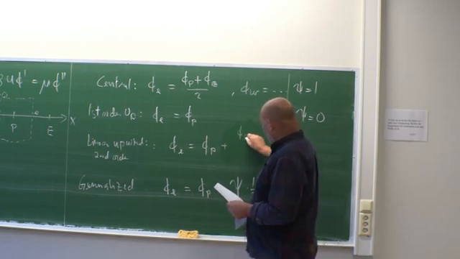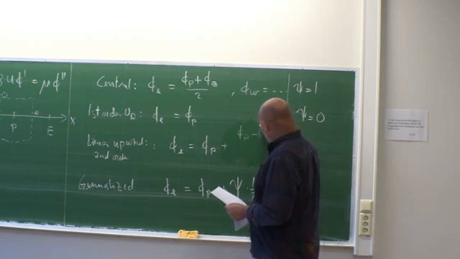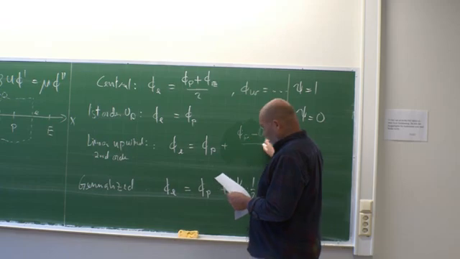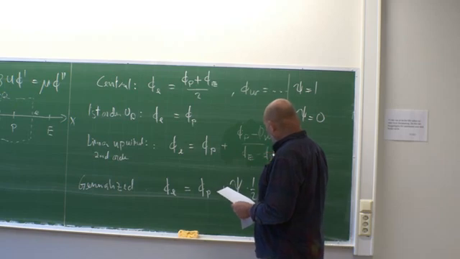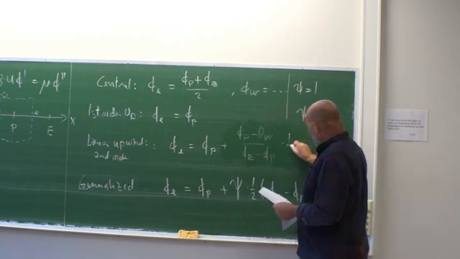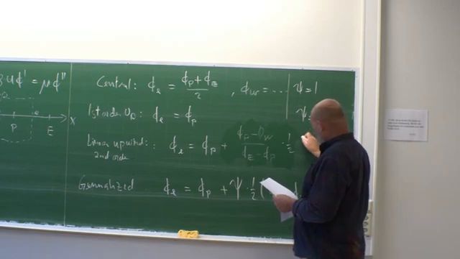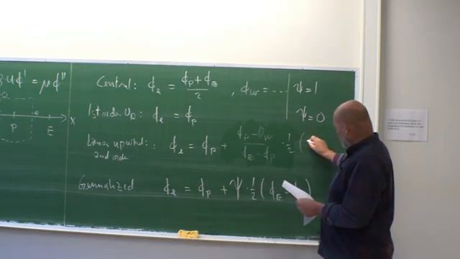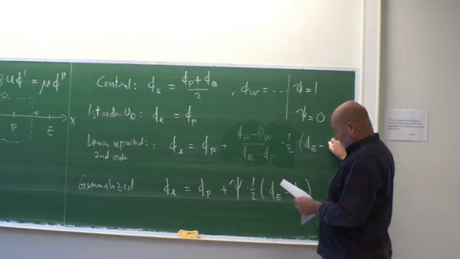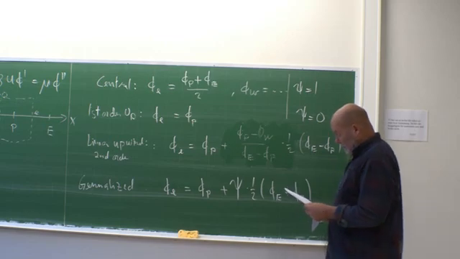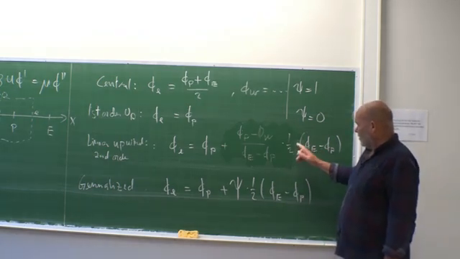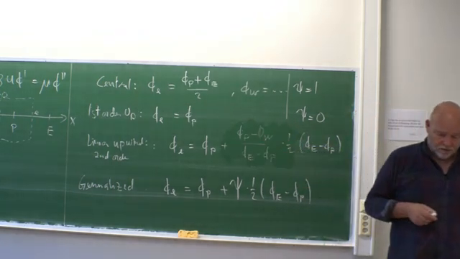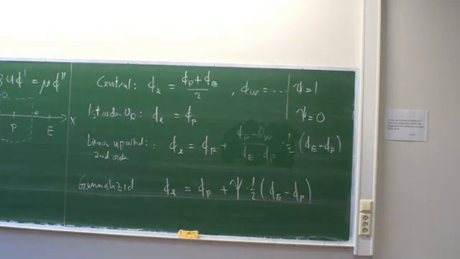You will have phi P minus phi west divided by phi east minus phi P, multiplied with 1/2, and then you have phi E minus phi P, something like that. Then this one will fall, and we are back to what we had. So that's the linear upwind, linear second order upwind.